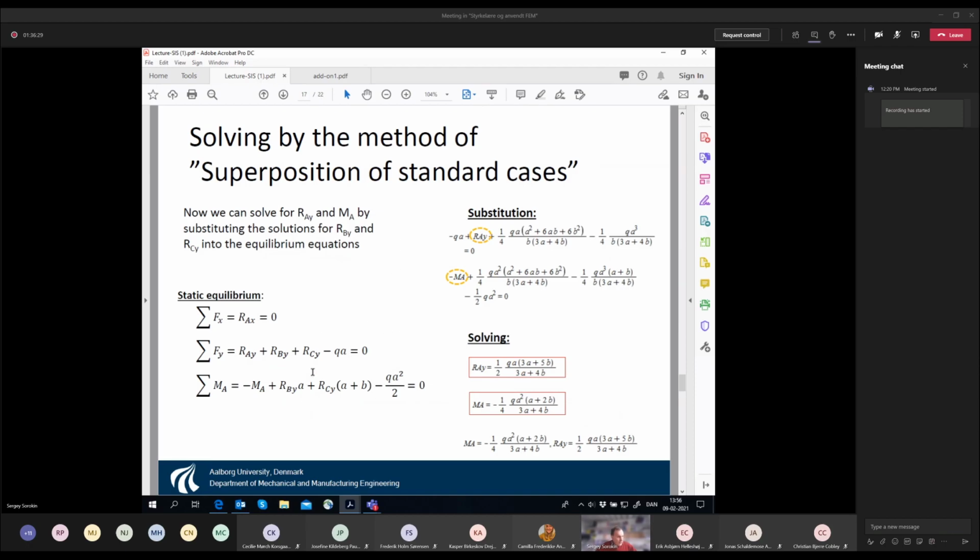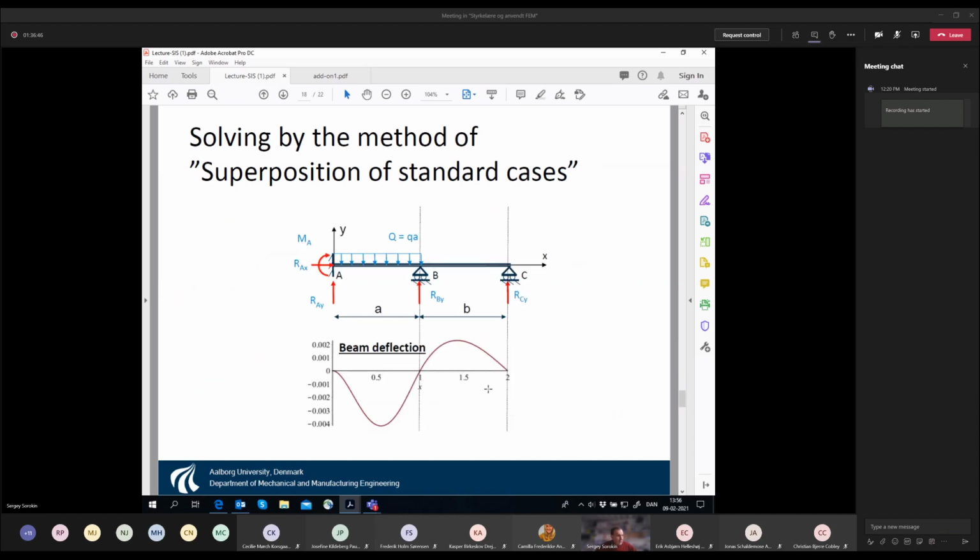Now we know these forces RBY and RCY, and we immediately write these equations, and they give this force RAY and this moment MA, just like this. Now we have found everything, and we can easily plot the deflection of the beam.